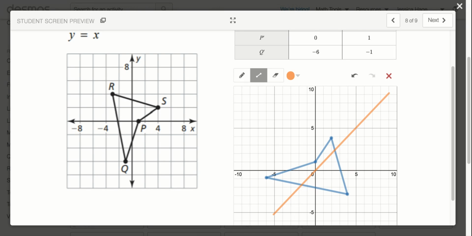And again, this is just our image. The pre-image is to the left. So this was R prime. We want to make that blue. And then this was P prime.